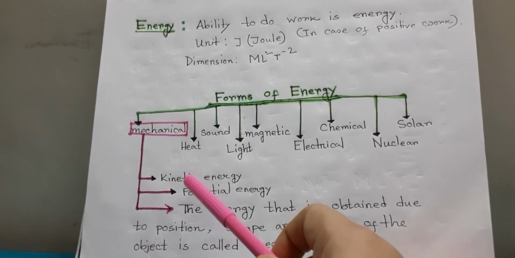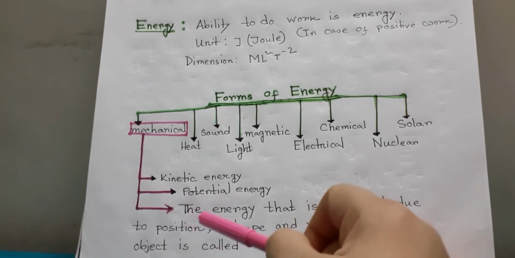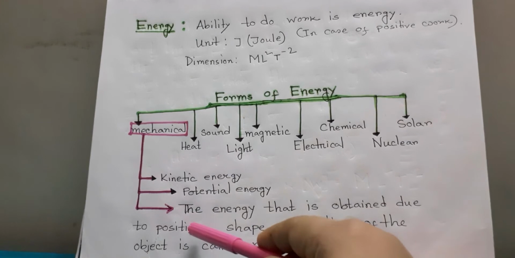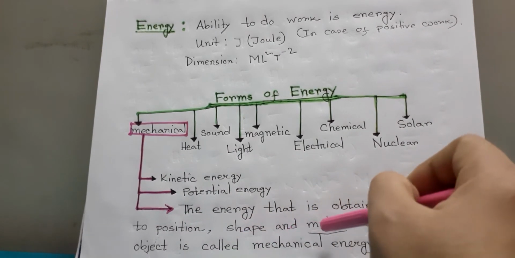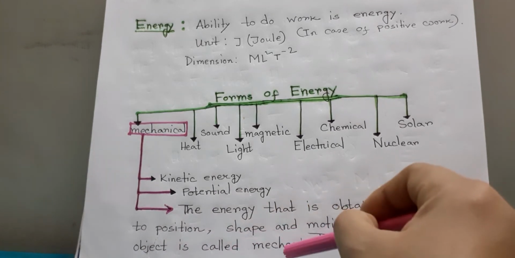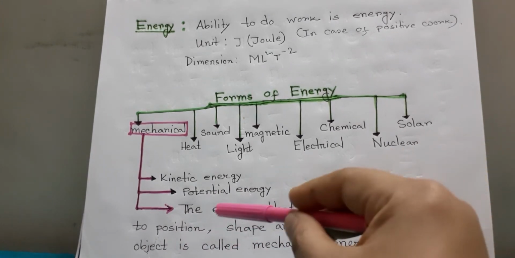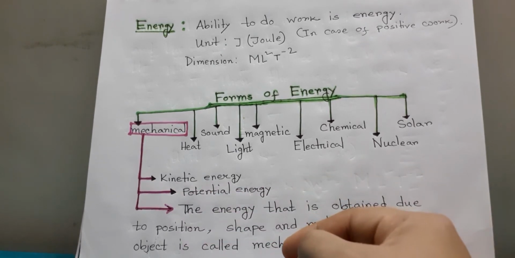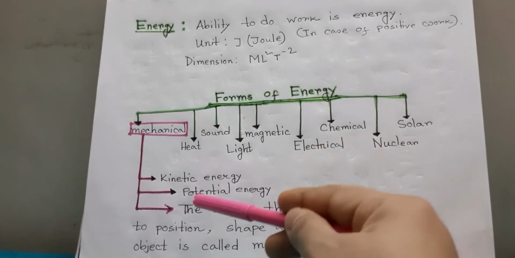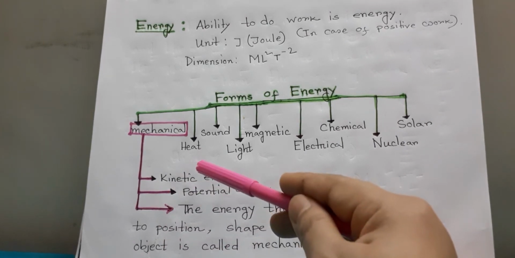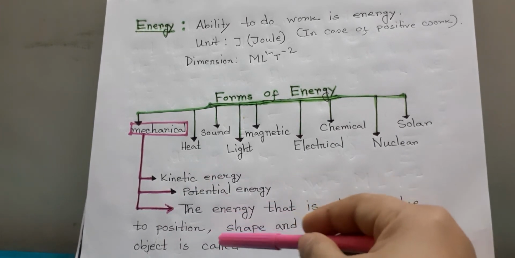The definition of mechanical energy: the energy that is obtained due to position, shape and motion of the object is called mechanical energy. That means the energy that we get due to the object's position. It may be on the ground, it may be at an upper height, and shape.